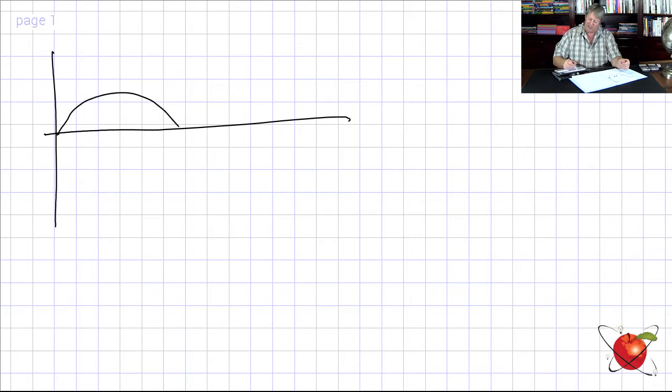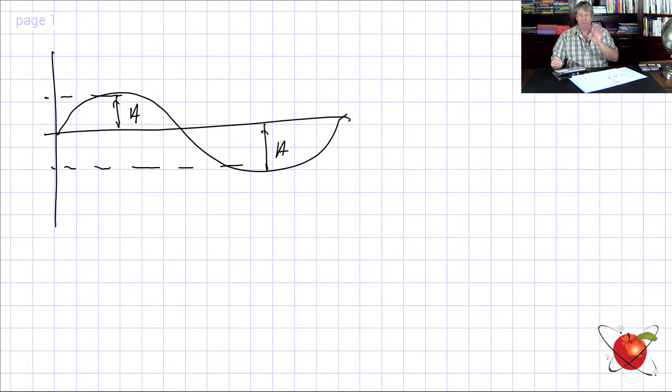Well, we represent a wave, generally speaking, and it looks something like that, doesn't it? And yes, it goes up as high as it goes down. We call this piece up A, and the piece down over there is A, and they're equal, for our purposes, right? That A is equal to the amplitude.